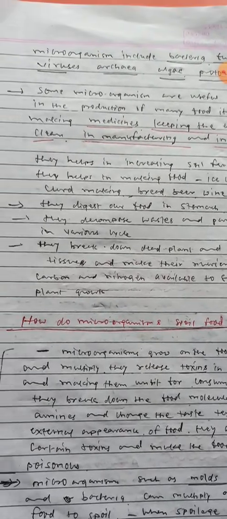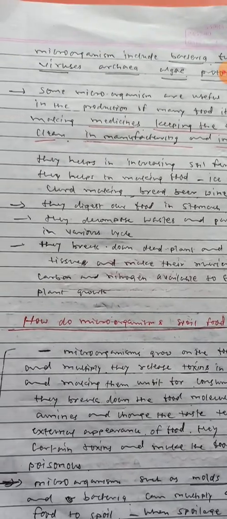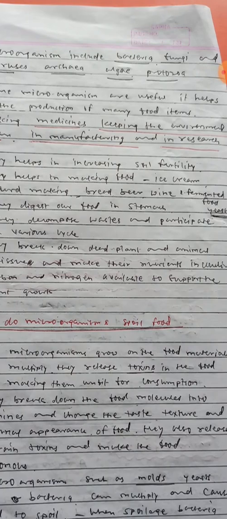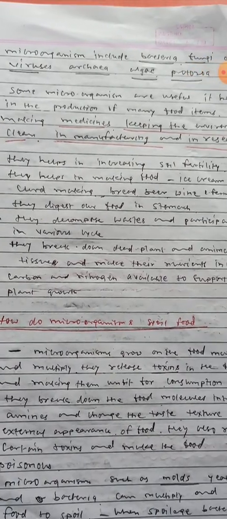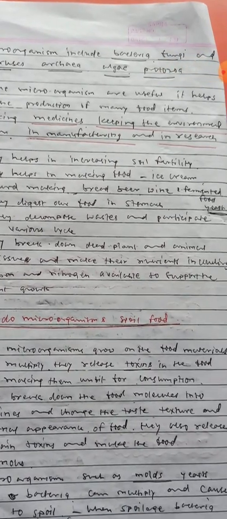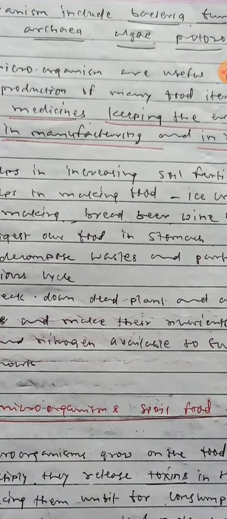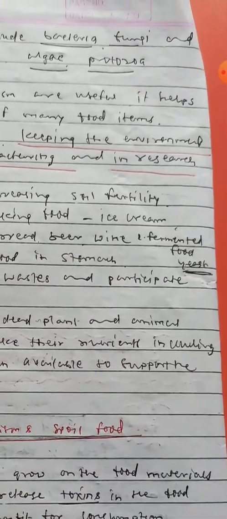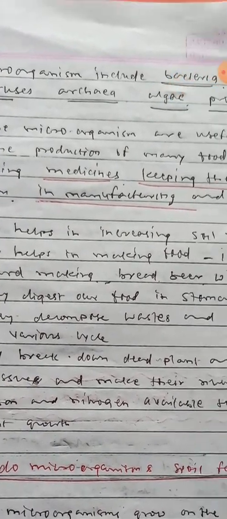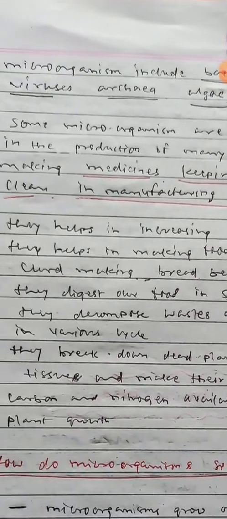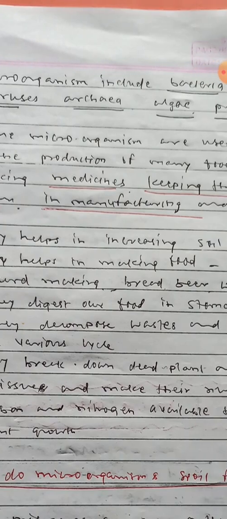Now here you see that the different microorganisms include bacteria, fungi, virus, algae, protozoa. Some microorganisms are very useful. They help in the production of many food items and in making medicines.